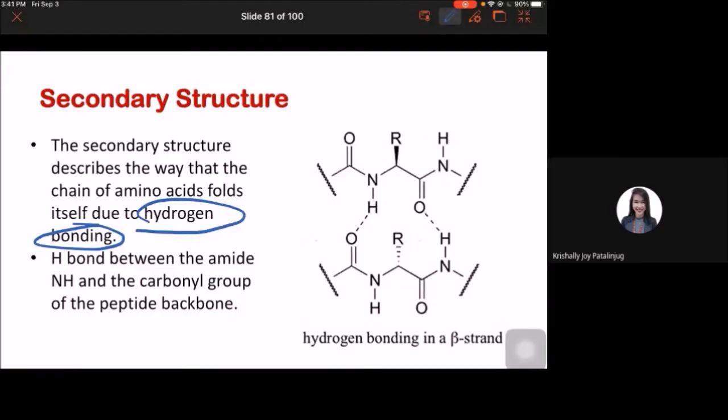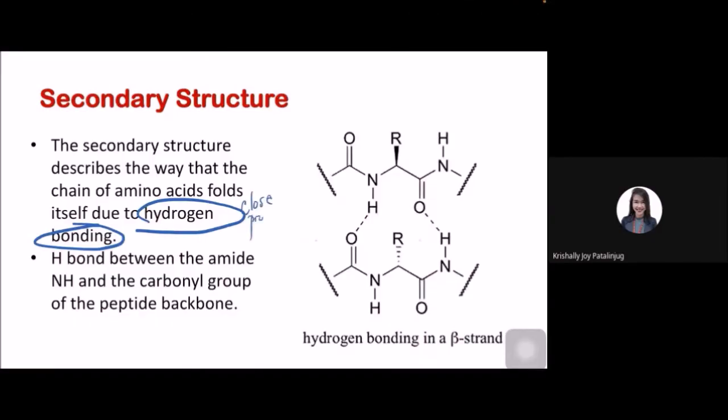Why do hydrogen bonds form? It is related to what we discussed earlier. Since there are rotational bonds, that results in close proximity of certain atoms that could have attraction with one another.